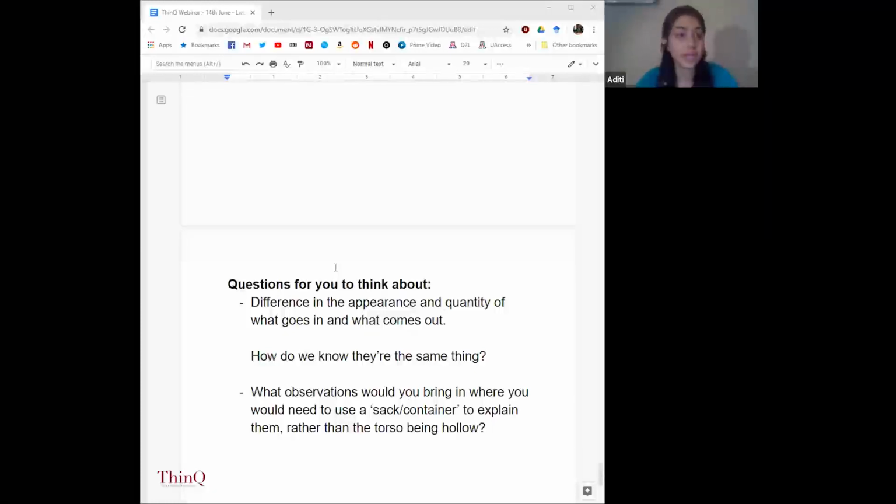Then we moved on to another example, which was the anatomy of the human body. We tried to unpack, based on what we can observe about the human body, what the possible contents of the human body are. Particularly, we focused on food that humans eat and waste that humans expel, and what could possibly be the connection between that.